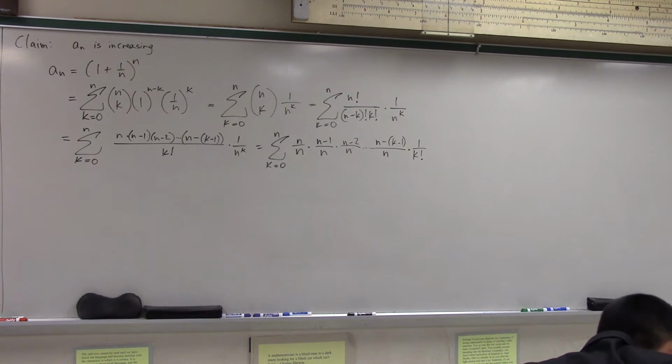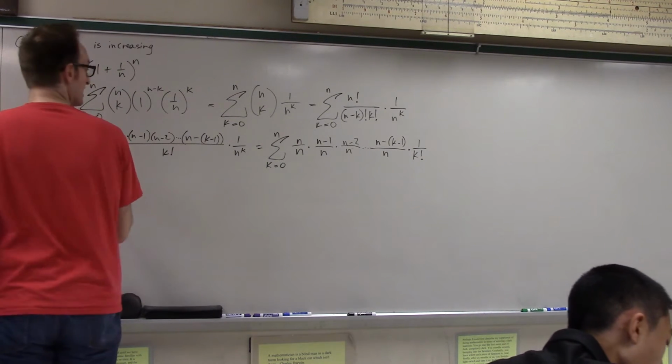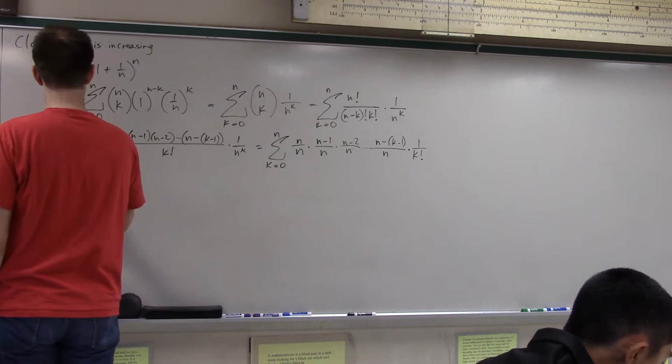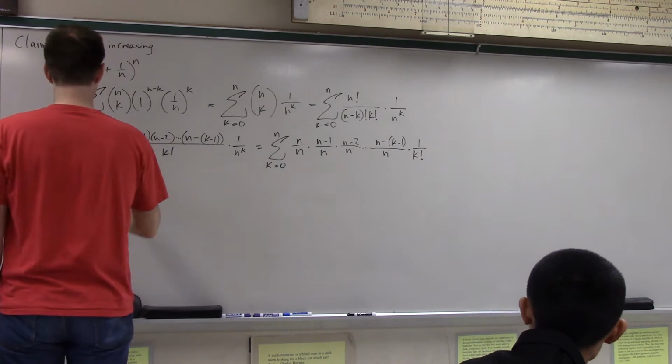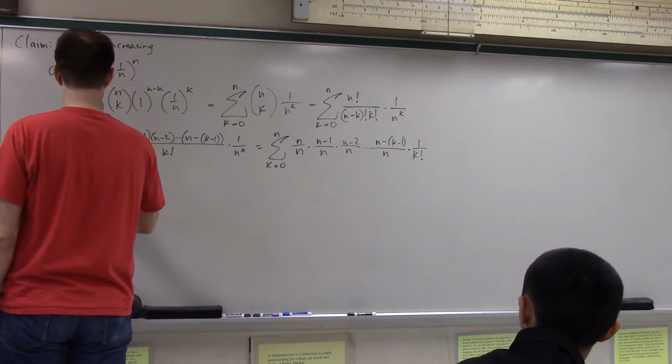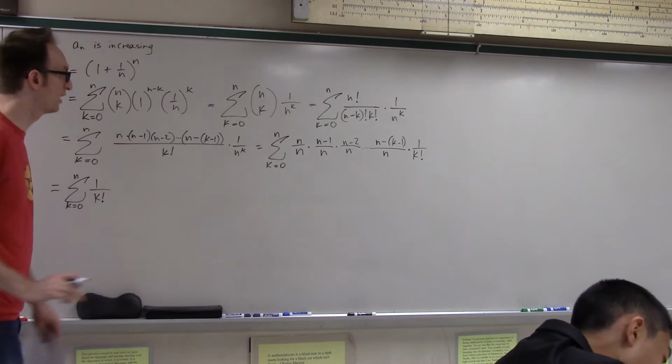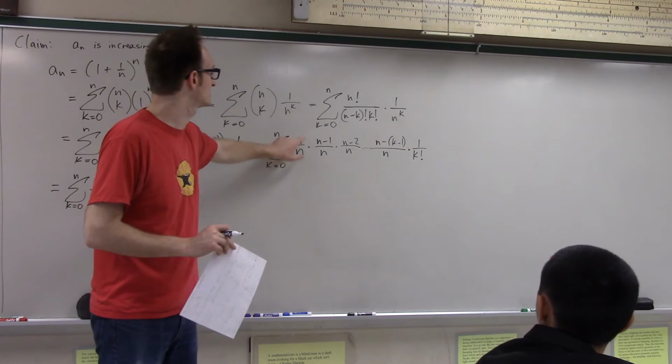Well, now I claim it's time to actually start doing something. So here's what I'm going to do. This is the sum from k equals 0 to n of 1 over k factorial, and already we see that each of these is less than 1, right?